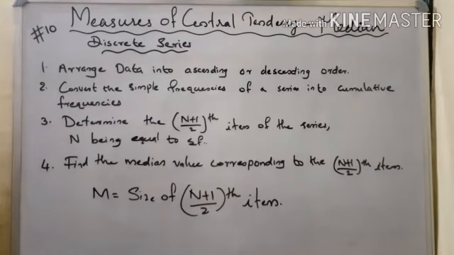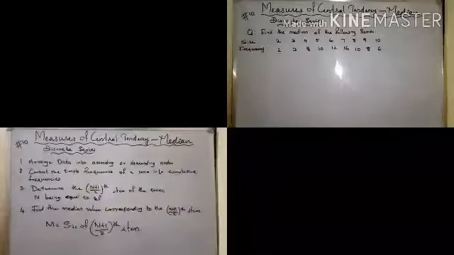Here n is equal to the frequencies total. Suppose frequencies total is 35. Then (35 plus 1) by 2, that is 36 divided by 2, the 18th item representing the median. Okay, so these are the steps we have to consider at the time of calculating median in discrete series.